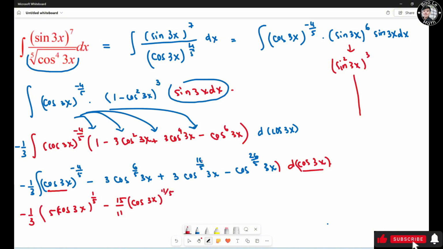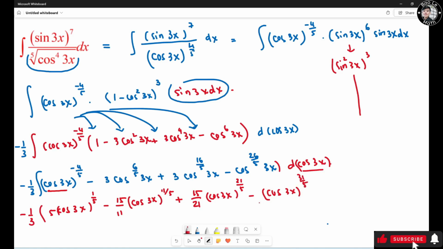Next one, 16 over 5 plus 1 is going to be 21 over 5. And then you multiply by 5 over 21, right? So it's going to be 15 over 21 cosine of 3s altogether to the 21 over 5, and minus cosine of 3s to the 26 over 5 plus 1 is going to be 31 over 5.